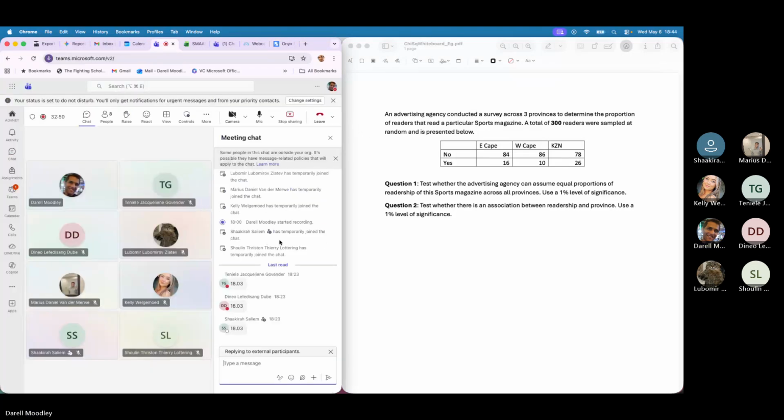Everyone, any questions? Do you understand that? Is there anything that you weren't sure about that you would like me to explain again? So this is the chi-square test. From all the questions, this would carry the most marks per question, and you can see why.